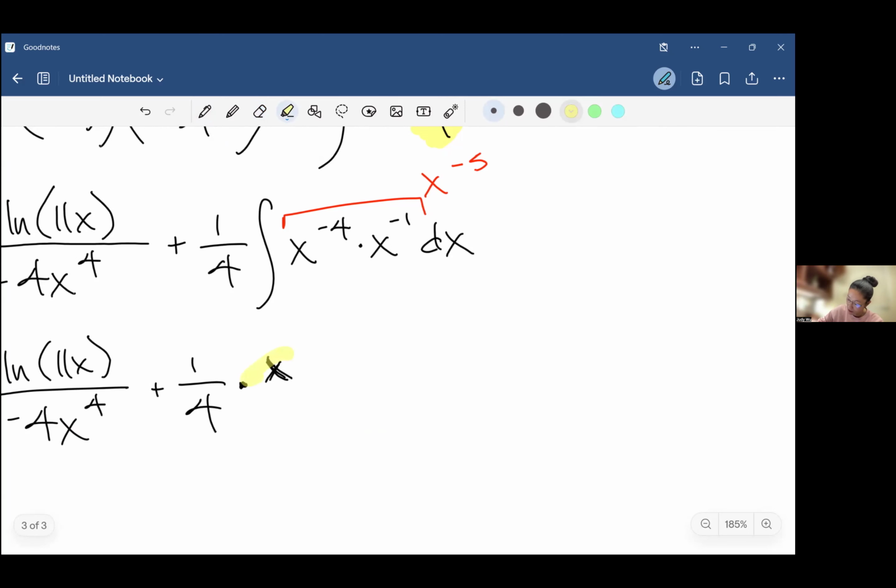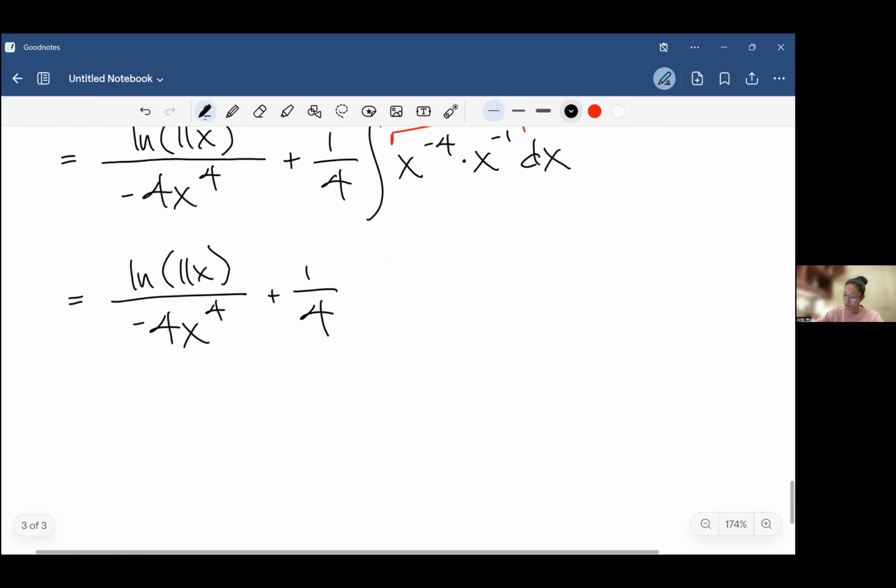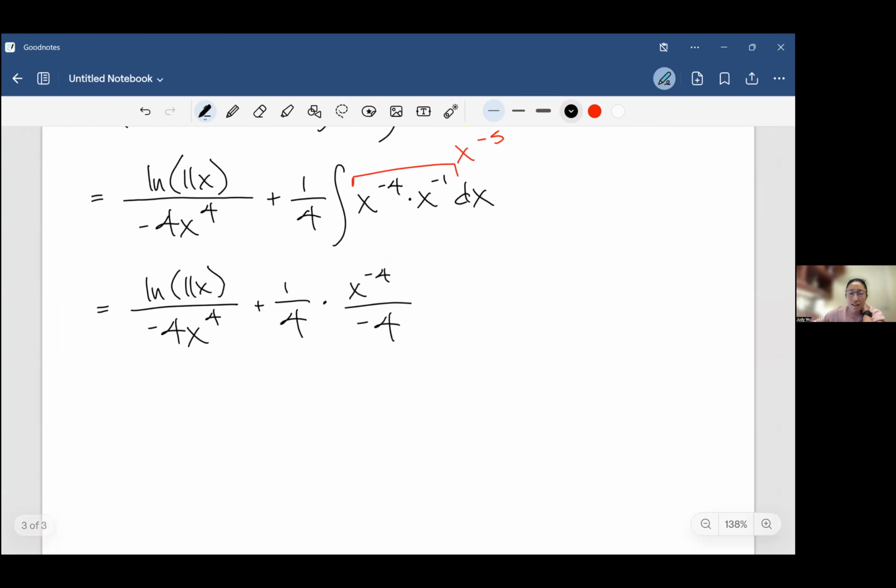Let me erase and try it again. Times x to the negative 4 over negative 4. That's not showing up, is it? There we go. That's our integral, and we don't want to forget our plus c.